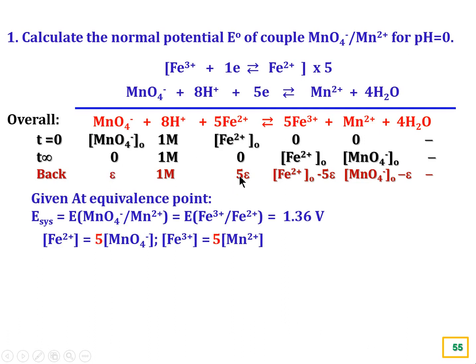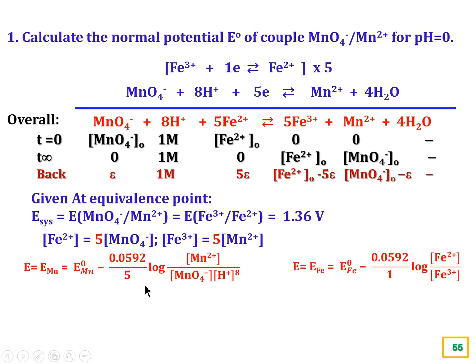So at the equivalence point, the concentration of Fe2+ equals 5 epsilon, so equals 5 times MnO4- at equivalence, and Fe3+ equals 5 times the concentration of Mn2+ at equivalence. And we know when the reaction is at equilibrium, the potential of the reaction is equal to 0, and the potentials of the couples are equal. Since we are at equivalence, the potentials are equal to 1.36 volt.